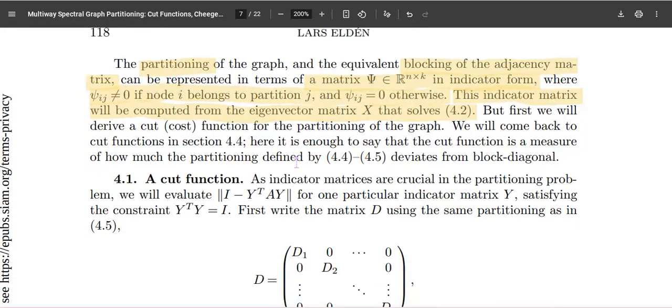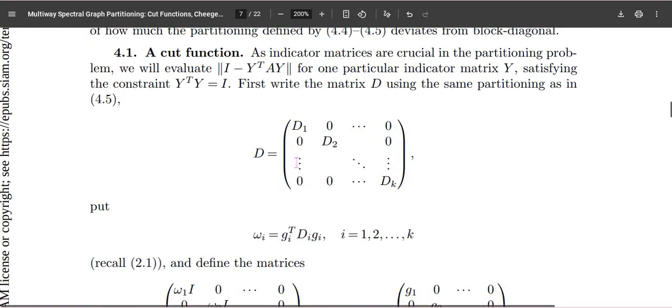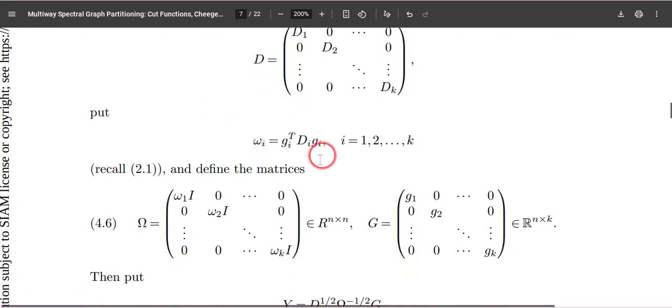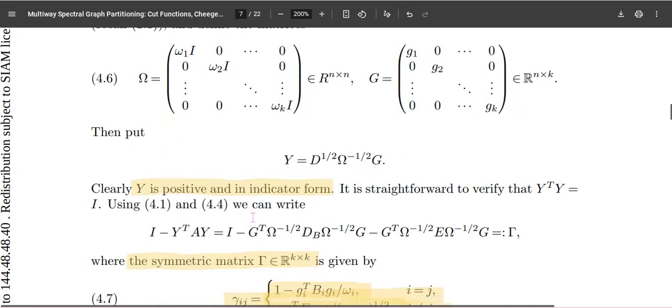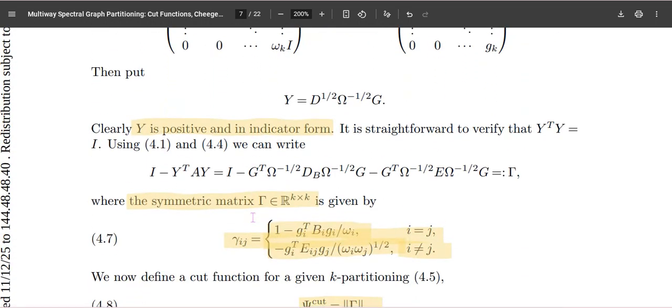So then we try to formulate cut functions. The cut functions can be formulated something like this, and we make a matrix of this, the cut matrix. And once that is formulated, then we try to formulate a symmetric matrix using this information.